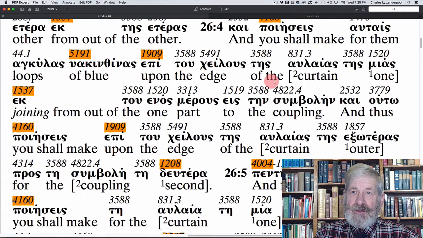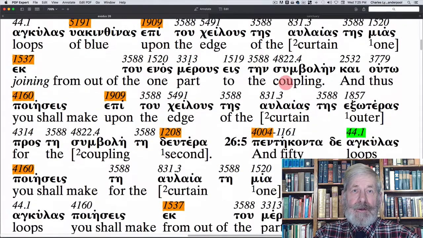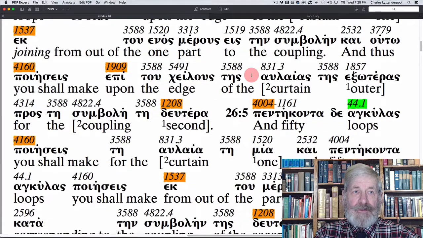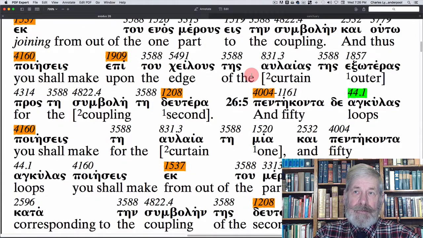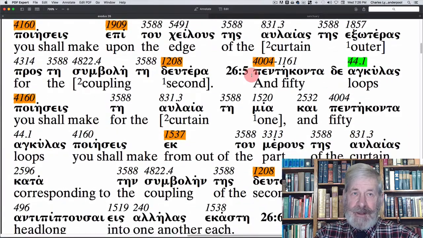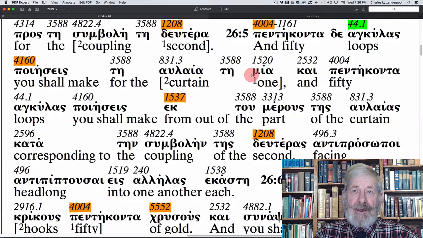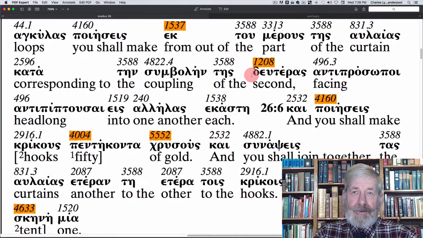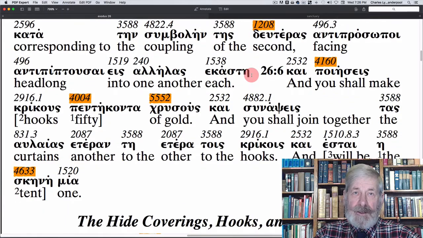Blue upon the edge of the one curtain, joining from out of the one part to the coupling, and thus you shall make upon the edge of the outer curtain for the second coupling.